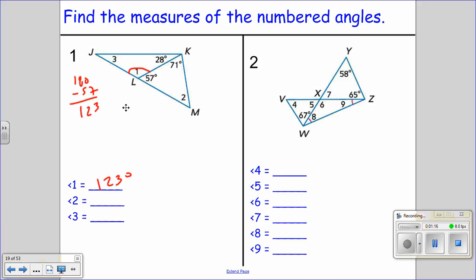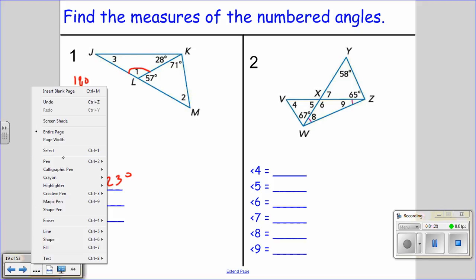Then I can find angle 2 by combining 71 with 57 and then subtracting that from 180. So let's get started on that one.